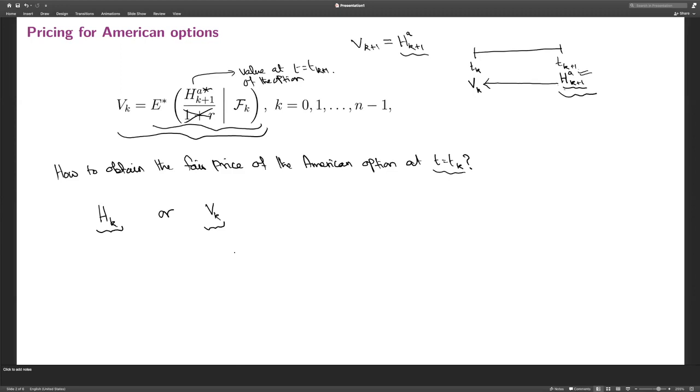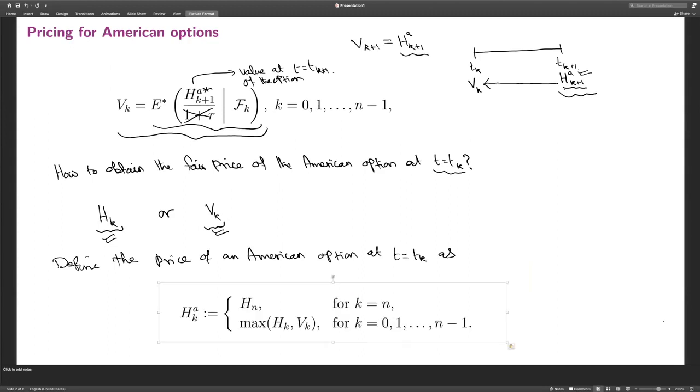So the fair price that the writer should charge from the holder is the maximum of these two. That's the hedging strategy from the writer's point of view, and this will also make a fair position for the holder as well. Therefore, we define the price of the American option at the time level t equal to T_k as the following, where at the expiration, the holder has no choice other than exercising the option. Therefore, the value is exactly the same as the payoff.